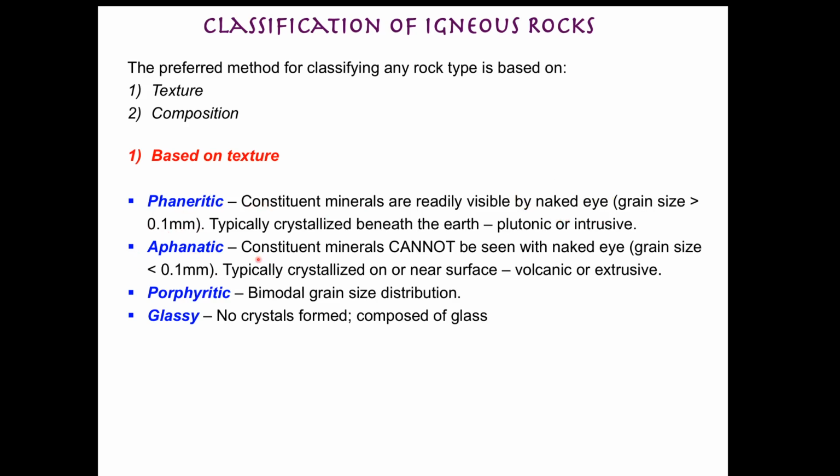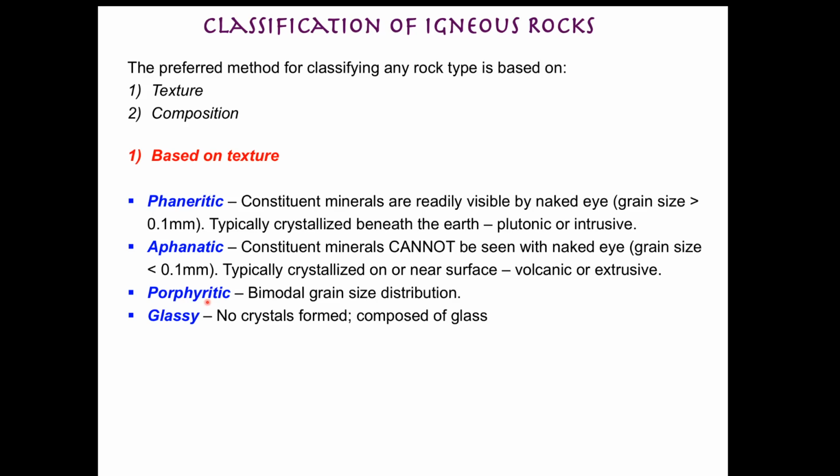Aphanitic is just the opposite, where we cannot see the grains with the naked eye; grains less than 0.1 millimeter are all aphanitic rocks. Then comes porphyritic, where there is more than one mode of distribution, minimum bimodal, or sometimes trimodal, which means all the grains are not of similar size. Some grains might be very big, some very small.